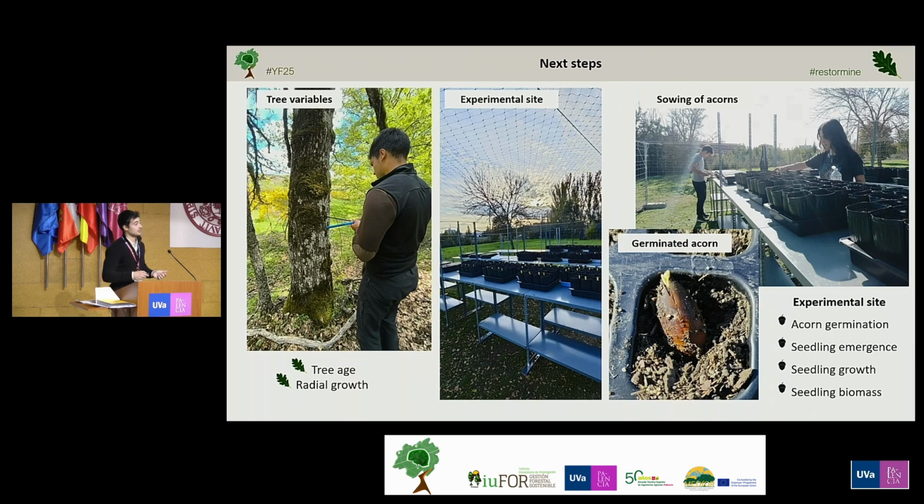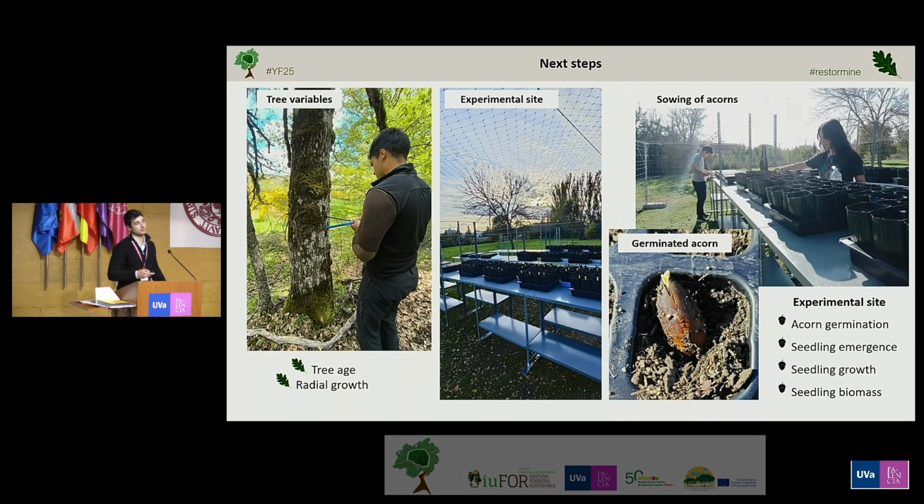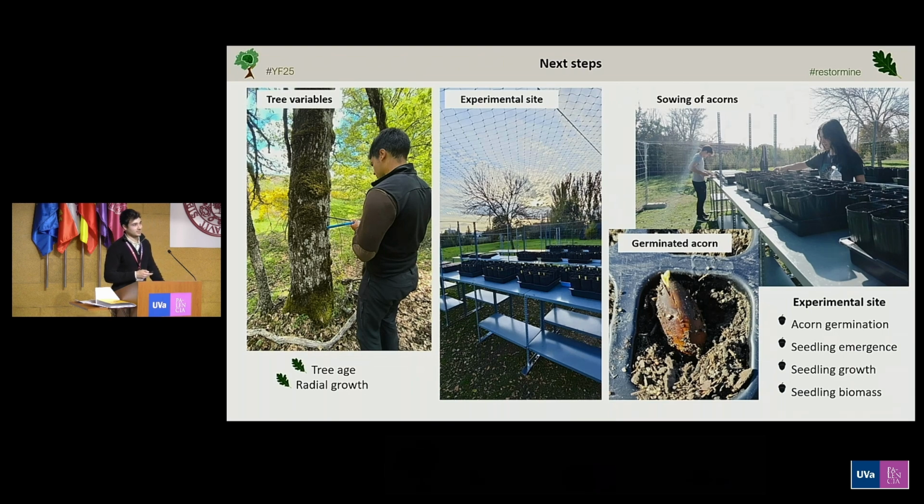In the experimental device that Herminia described before, we want to sow the acorns of our trees and analyze how the exposure and the environment affect the speed and percentage of germination, the percentage and speed of emergence, and also the seedling growth and the seedling biomass. But this is for the future, and I can't tell more.